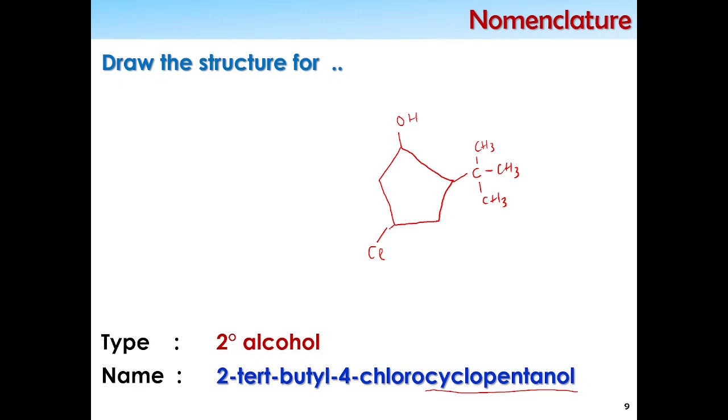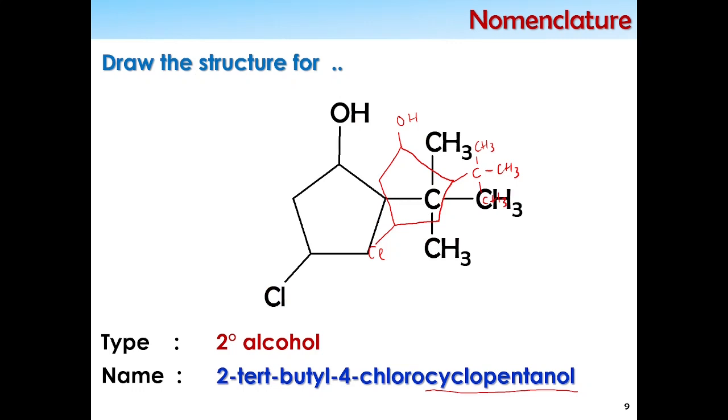Okay, you can draw better than this, I think. Okay, so this is 2-tert-butyl-4-chlorocyclopentanol. Let's see whether the drawing is correct or not. Okay, yes, it is identical, right? Just that it is a much better drawing. Okay, so remember, for you to draw the structure from the name that is given, find out what the parent chain is first. Draw the parent chain first, and then attach the substituents that are needed.